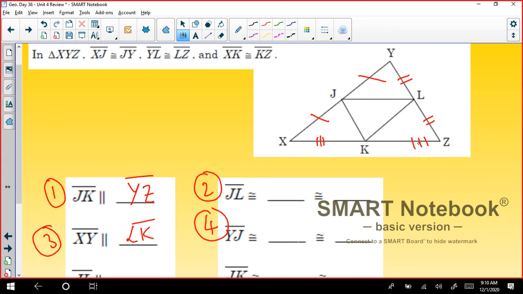These two are congruent, and XK is half of XZ. JL is also half of XZ. KZ is also half of XZ. So therefore, JL is going to be congruent to XK and KZ. Same way, YJ is going to be congruent to JX and LK.